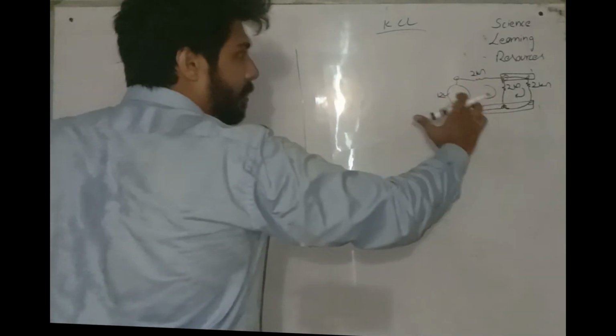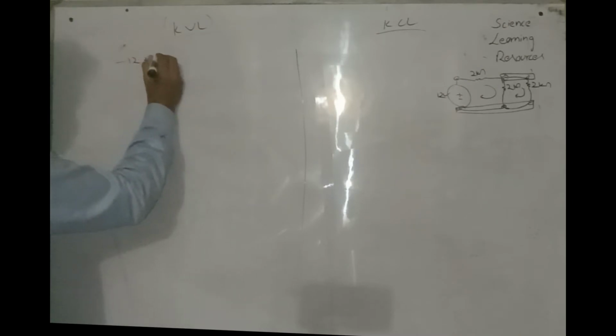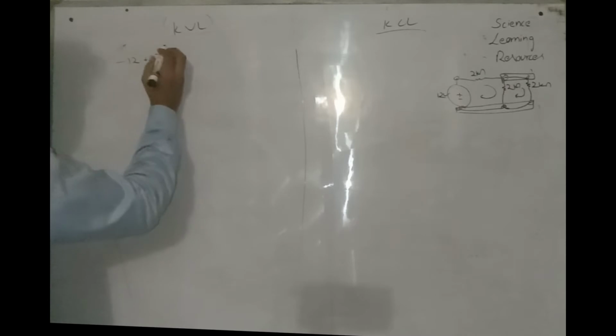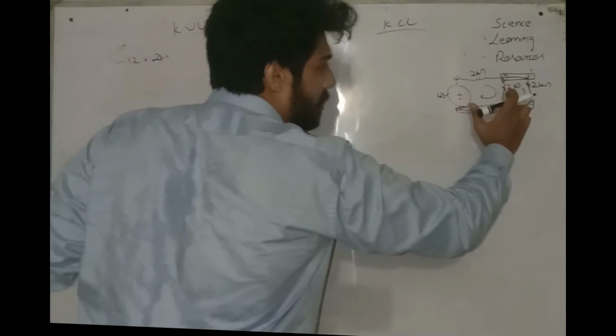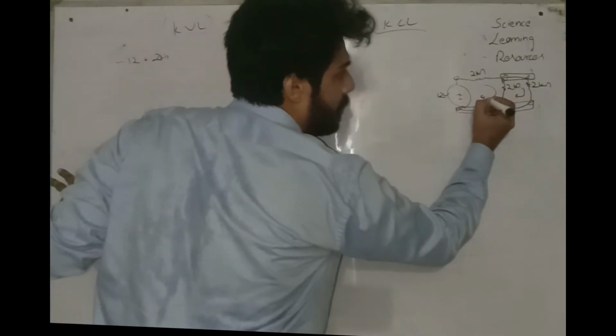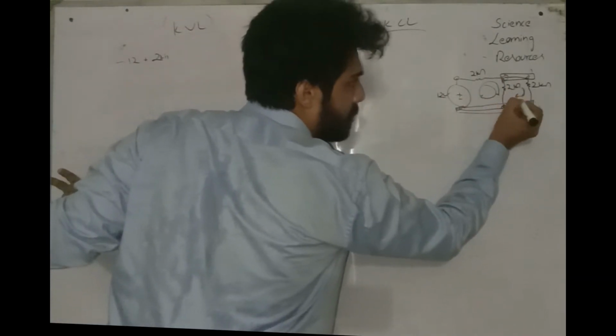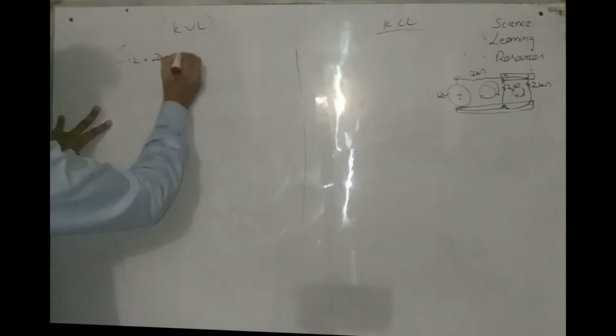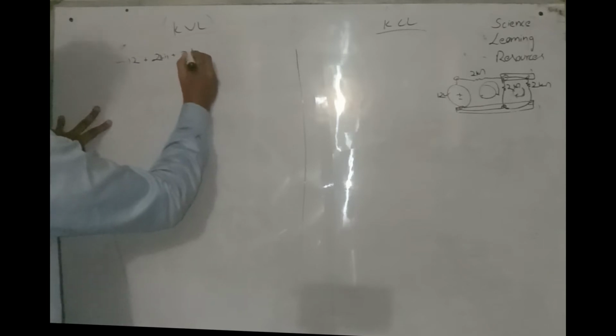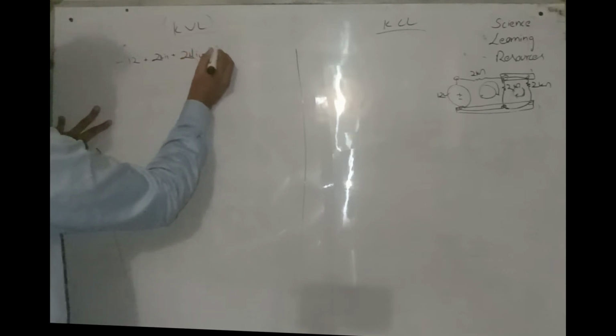After coming here, I see this 2 kilo ohm resistance, so 2k I1. And after that, when I see this branch, because I am in this loop, I have to write 2k (I1 minus I2).